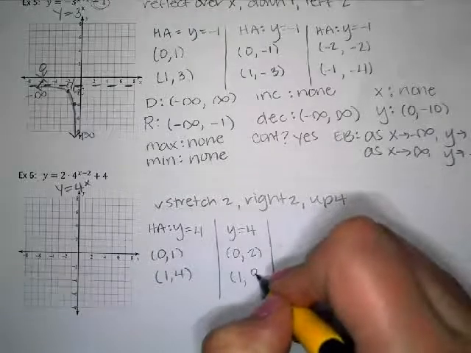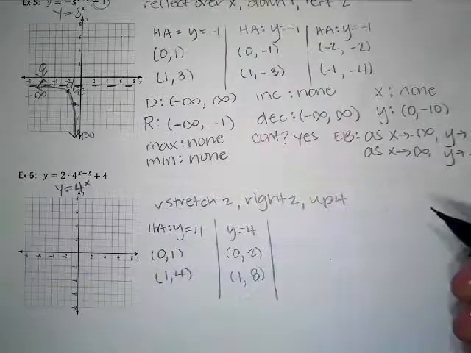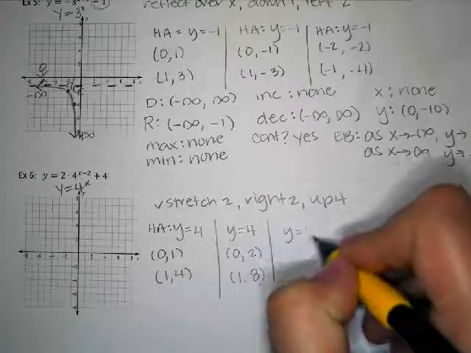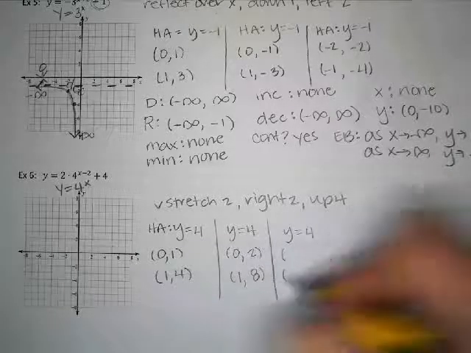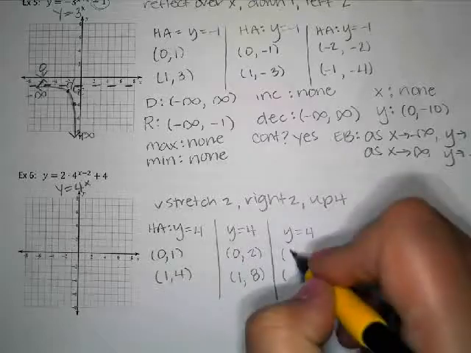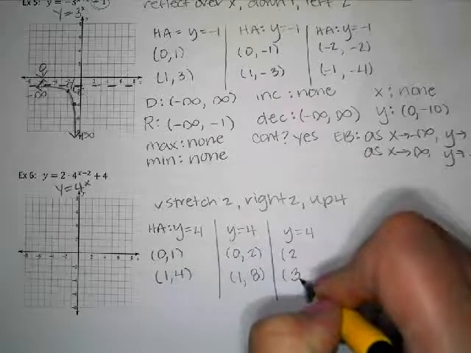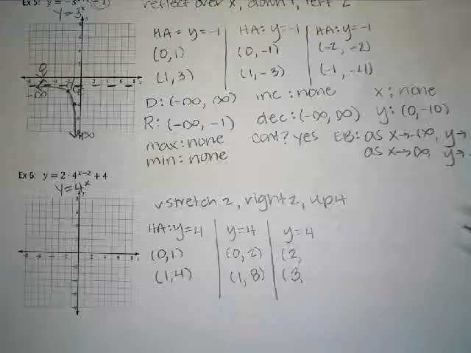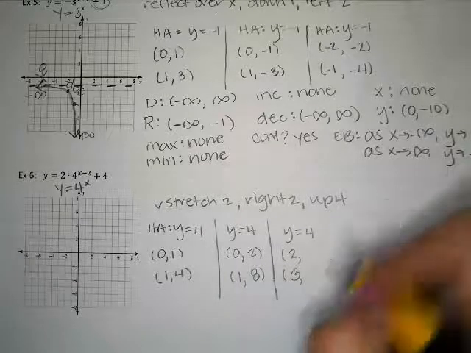Next, we want to go right 2. Yep, add 2 to the x coordinate. Then we want to go up 4. 6, 12. Why did I make one that you can't draw?